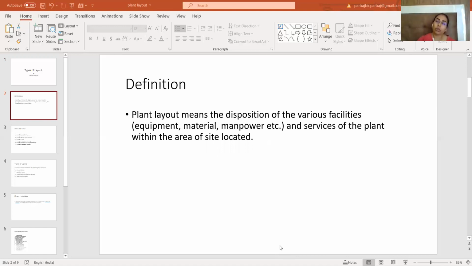If your organization has a proper layout plan, it will help in minimizing wastages and time wastages. It will help in streamlining the flow of material. It can also minimize the material handling cost. These are the objectives of proper plant layout.